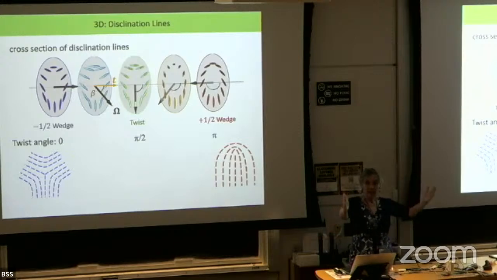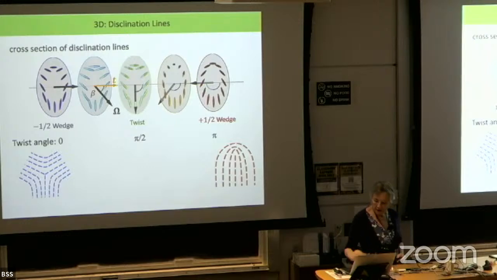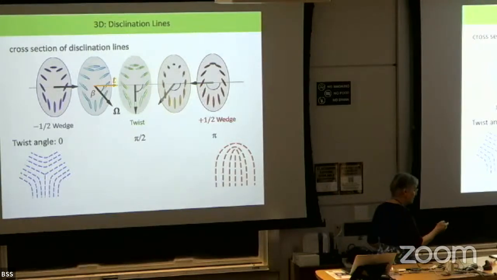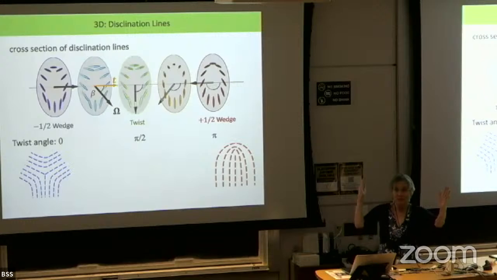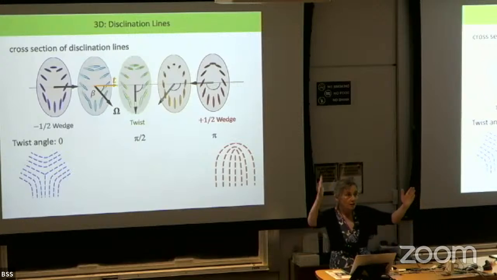If you look at the cross section, you can either see things which look exactly like a -1/2 defect, something like this. So this would be a -1/2 defect if you pretended it was 2 dimensions. You can see things which look like a +1/2 defect. So it makes sense, right? Where the nematogens are all sitting in the plane.